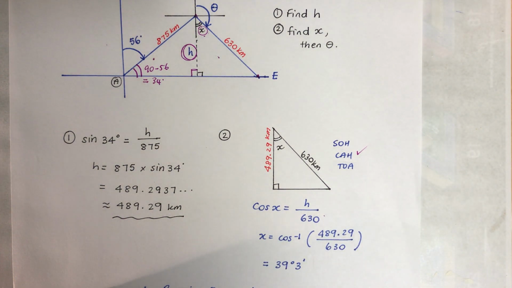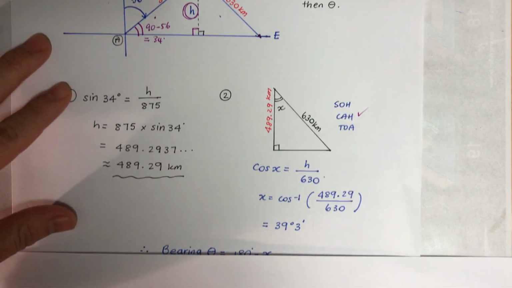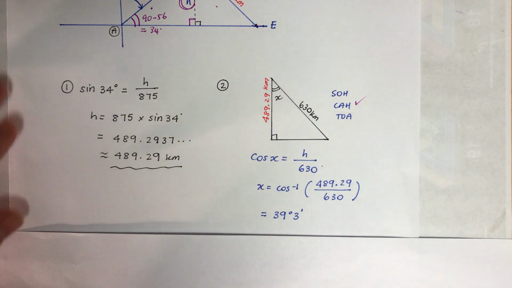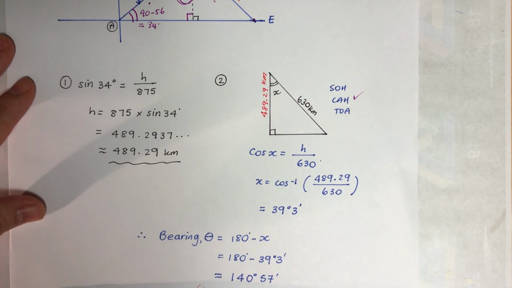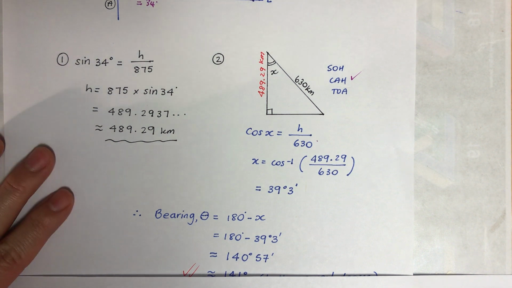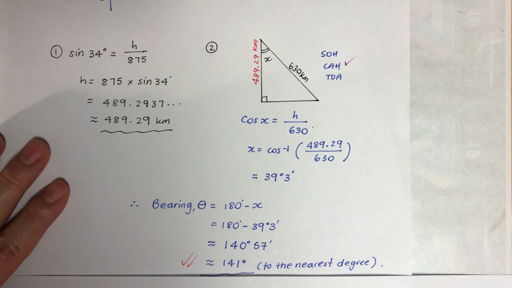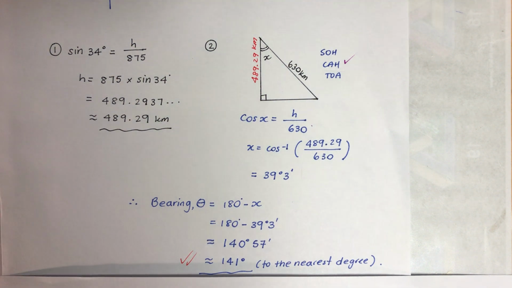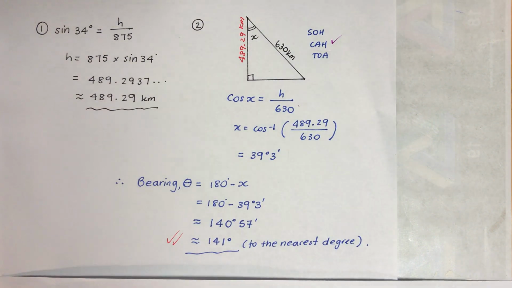This time it's cos. You use shift cos, you'll get that. But that's just x, isn't it? It's not a bearing yet, so be careful. The bearing theta is 180 take away that little angle x. And when you do that, you will get 141 to the nearest degree. Okay? Well done, people.